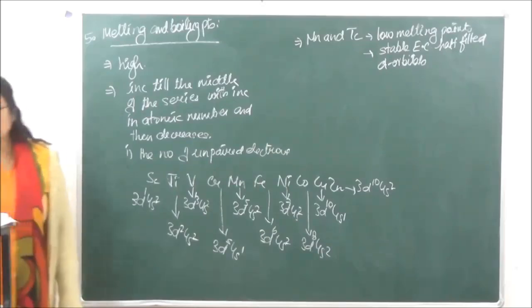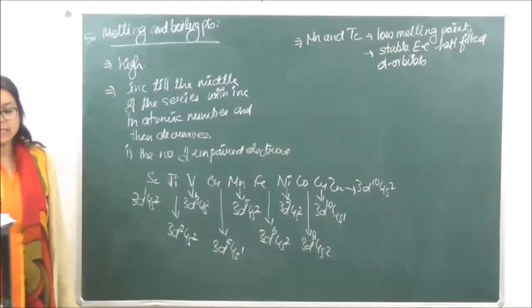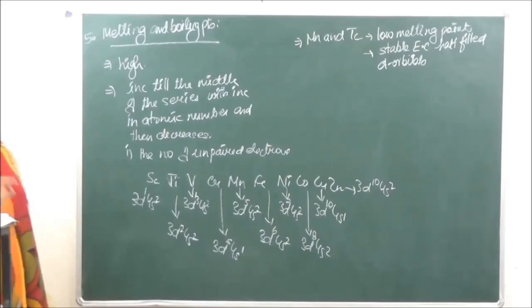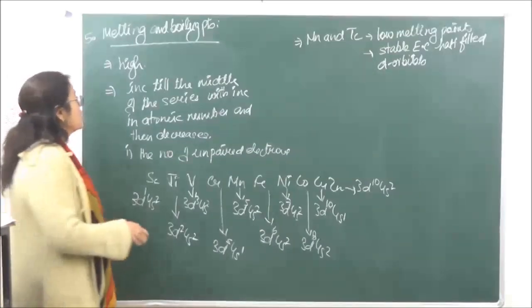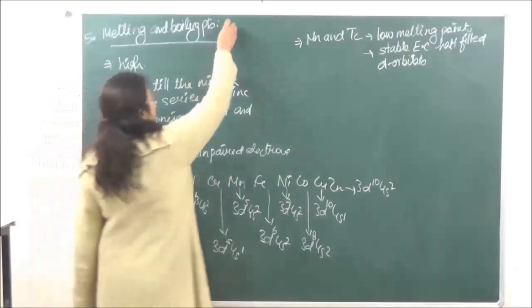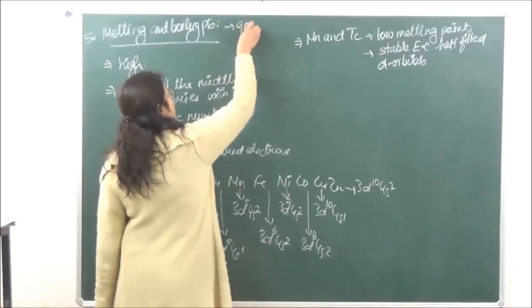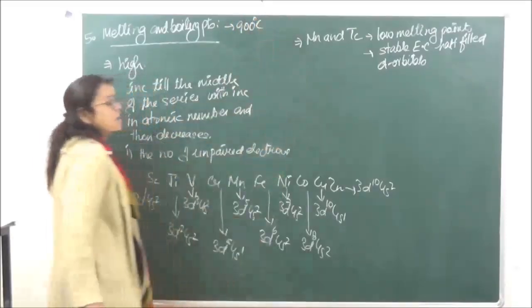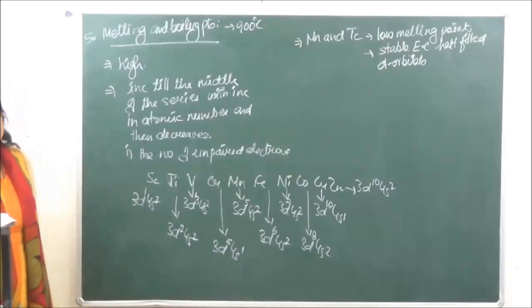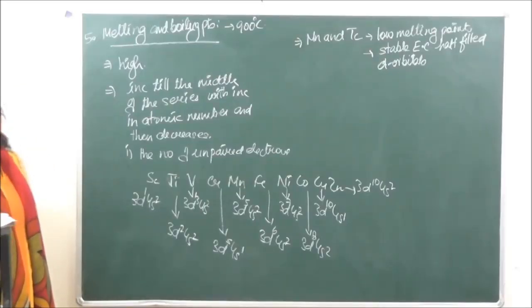Now melting points of most of the transition metals are above 900 degrees Celsius. So when we are talking of melting points, most of the metals have melting points above 900 degrees Celsius, which is quite high. And tungsten has the highest.